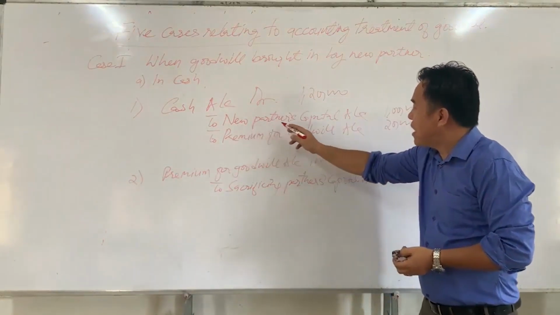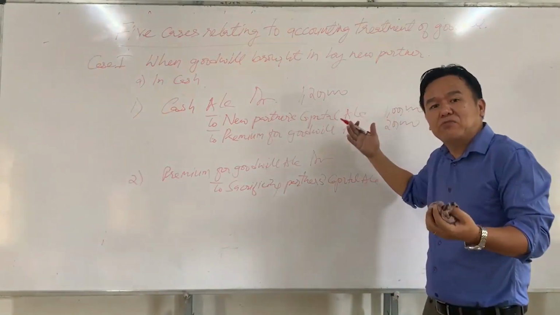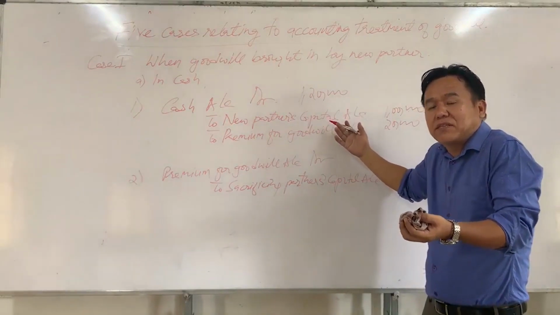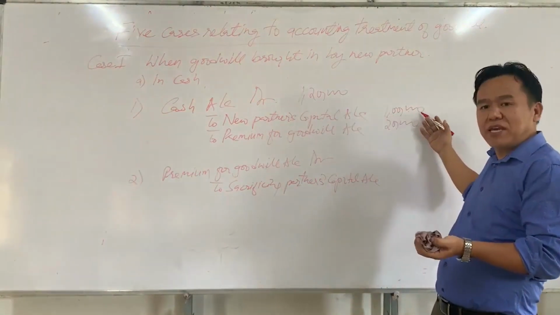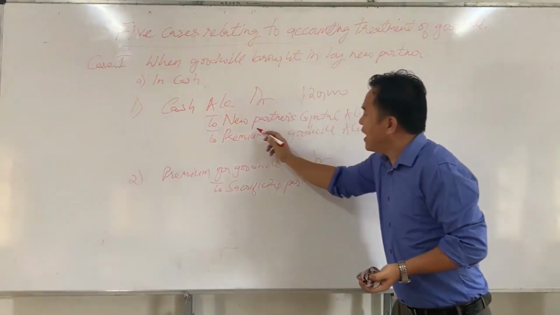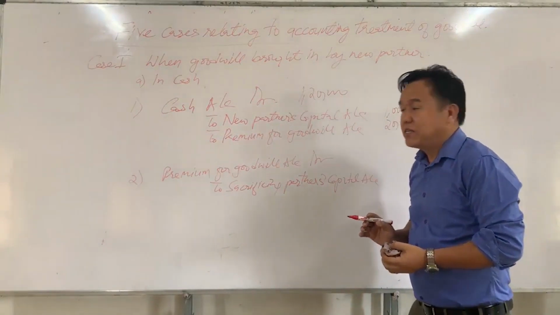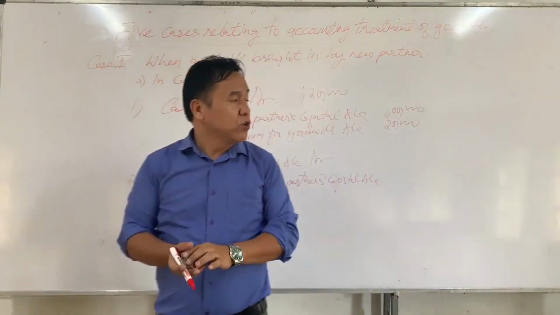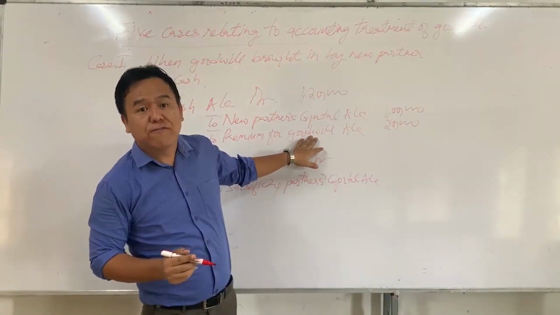Now, new partner's capital account is credited here because new partner has brought capital in the business. Thereby, his capital will be increased. If capital increases, it should be credited. Now, why is premium for goodwill account credited here? The goodwill brought in by new partner does not belong to the firm.